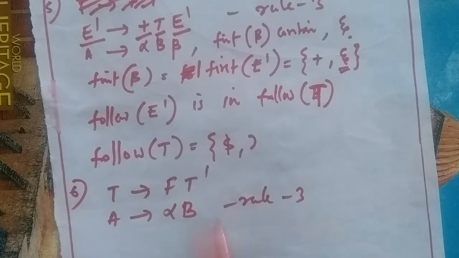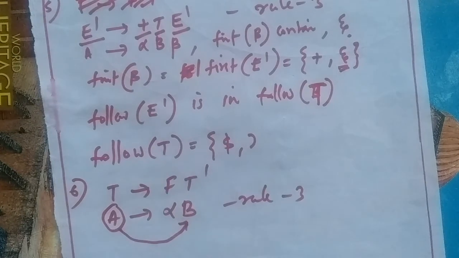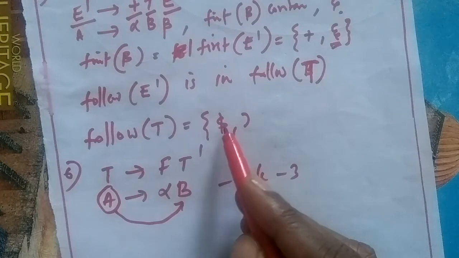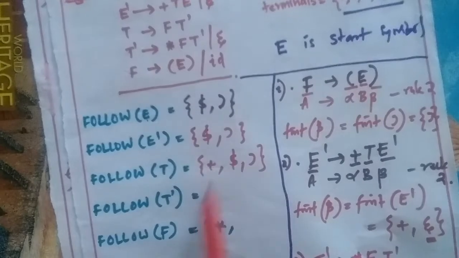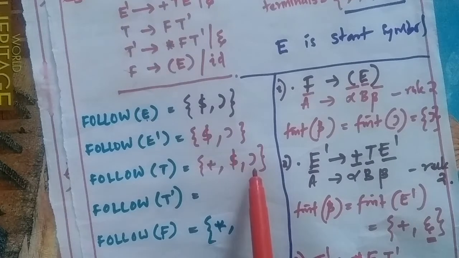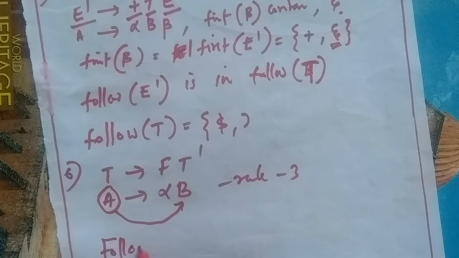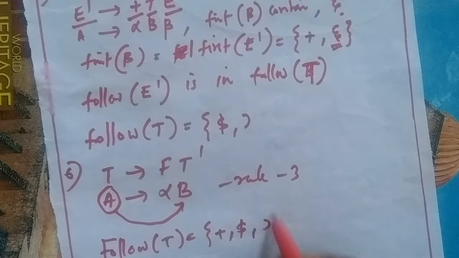What rule 3 is telling: everything in follow of A is in follow of B. So we know what is follow of T. Follow of T contains plus, dollar and right bracket.